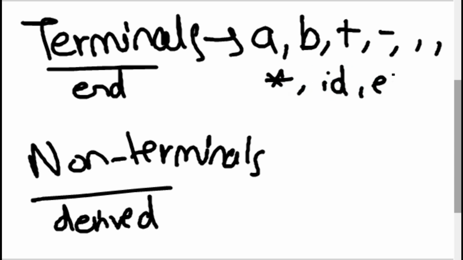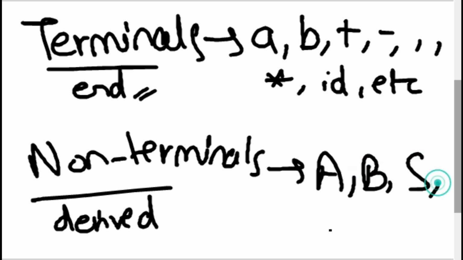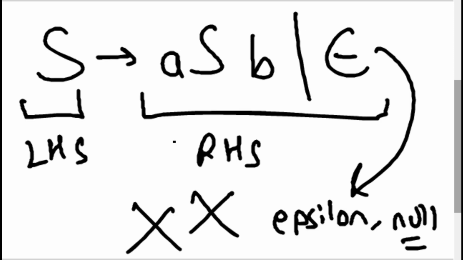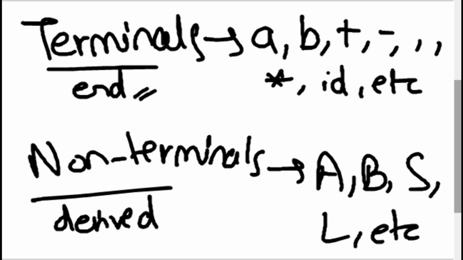All of these have an end. We cannot derive anything from these and therefore we call them terminals. Non-terminals are like capital A, capital B, capital S, capital L, etc. We call these non-terminals because, for example, in this grammar, we can derive this S using this S. These can be derived. They do not have an end and therefore they do not terminate. All these capital letters are non-terminals. All these small letters and operators are called terminals.